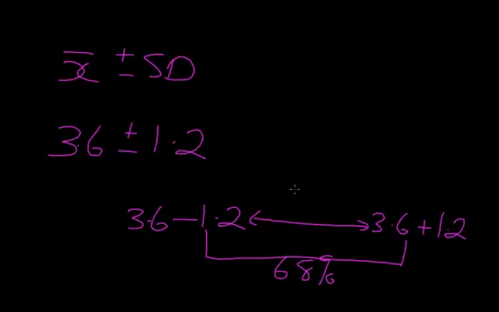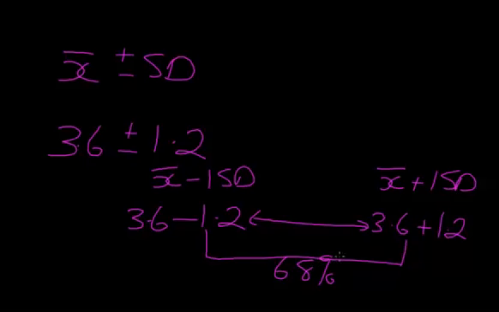In other words, the mean minus 1 standard deviation up to the mean plus 1 standard deviation covers about 68%, or just a little over 2/3 of the sample.